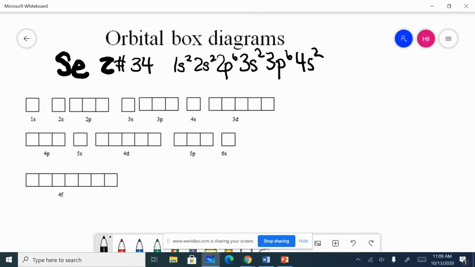I now have 20 electrons represented, and next I go to 3d. 3d10, now I have 30 electrons.